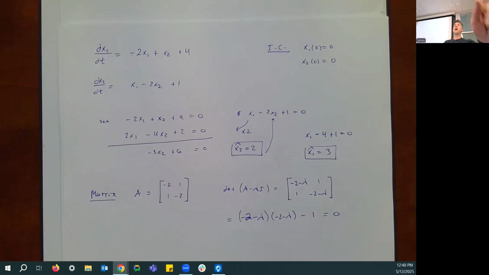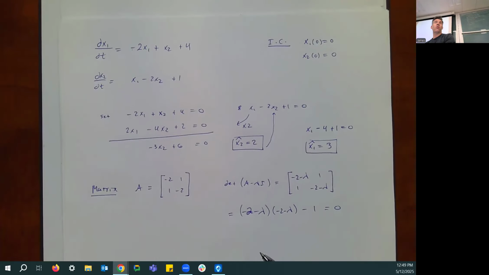Most of the time, I would say you should multiply this out and solve it the usual way by factoring. However, if you notice that your matrix has two elements on the diagonal that are the same, instead of multiplying it all out and factoring, you can say, look, I have something here that's squared.